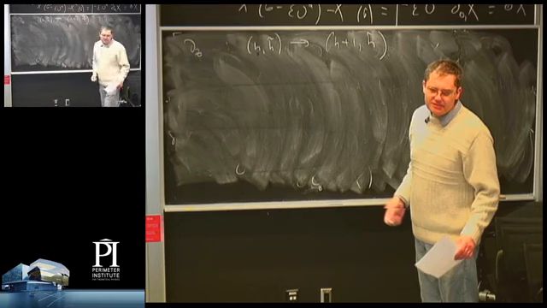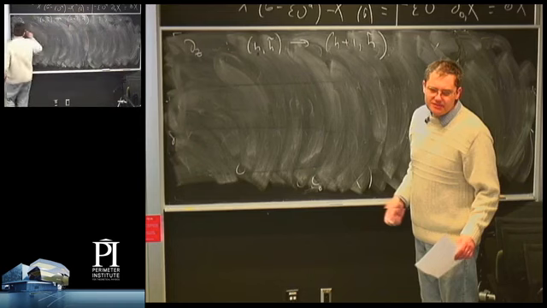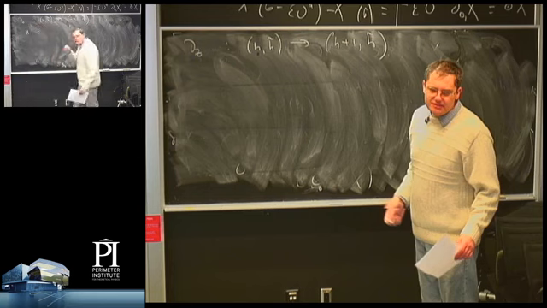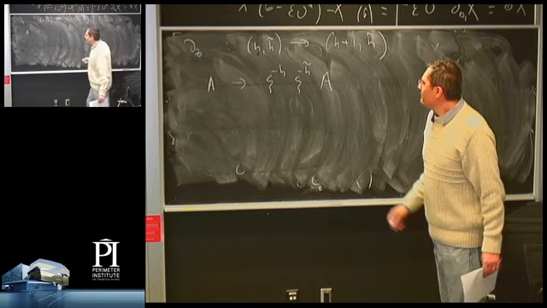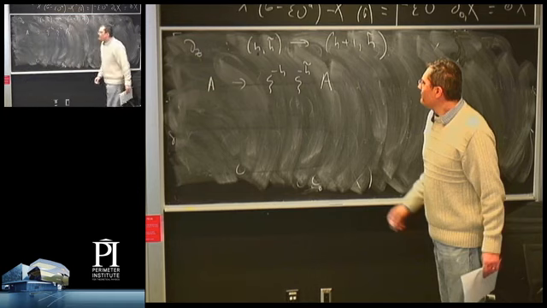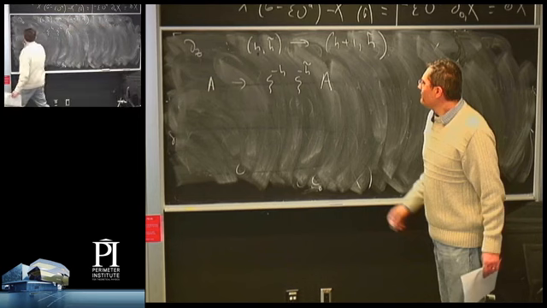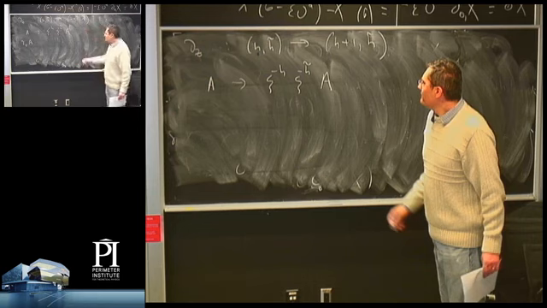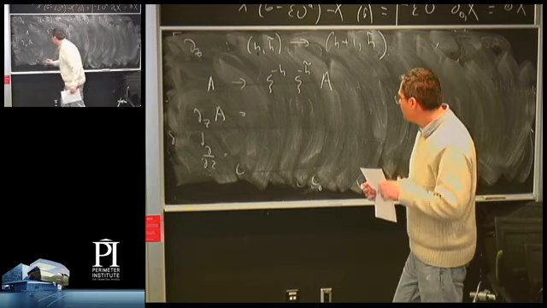So those are the weights of the new operator. We started with the old operator, which was A. And the old operator was transforming as psi to the minus h, psi to the minus h tilde, A. Now the new operator is of this type, and I'm asking how this operator will transform.